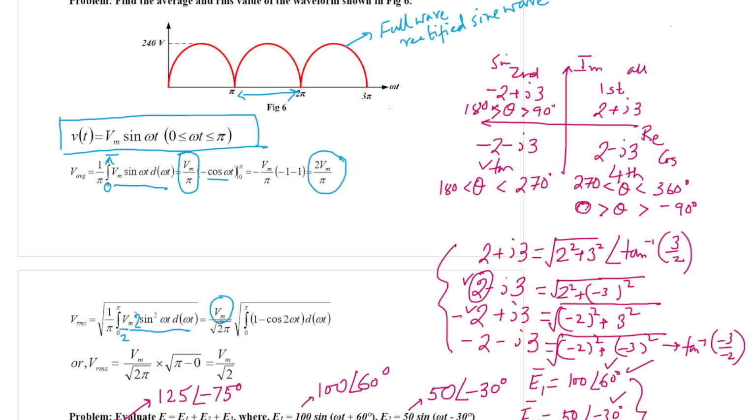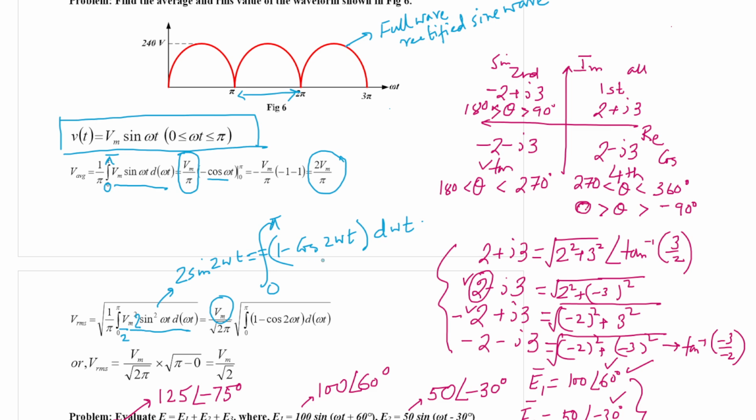This 2 pi you take outside, it will be root 2 pi. Then 2 sine square omega t will become 1 minus cos 2 omega t d omega t, integration from 0 to pi.